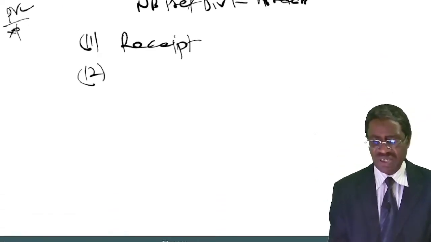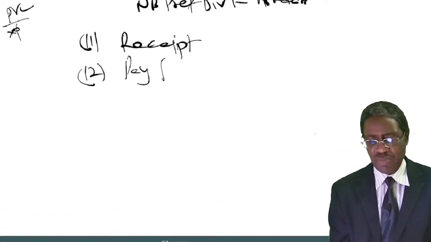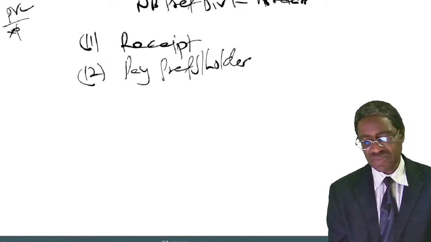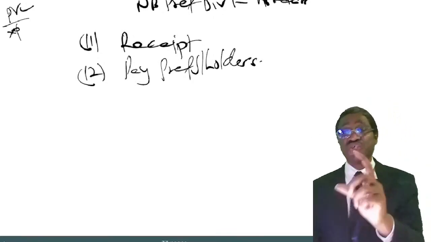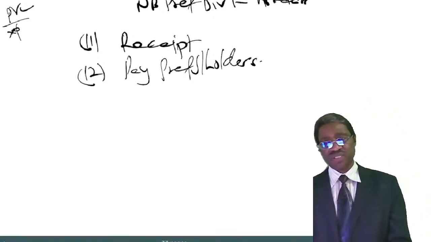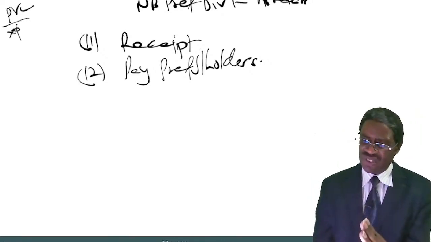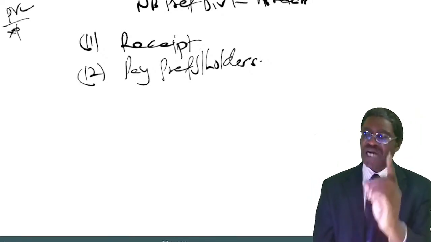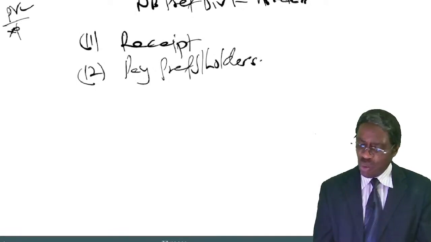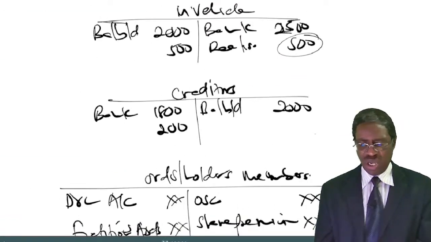So, our entry number 12 says, pay preference shareholders what is due to them. Out of the cash that you have received, the shares and the debentures, the question will tell you how much.